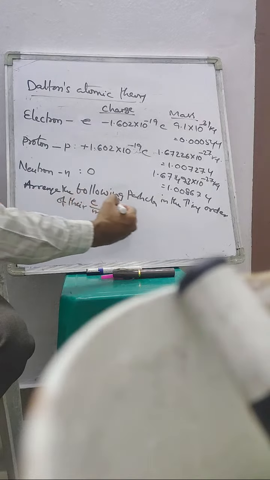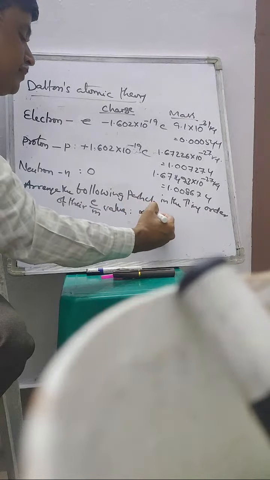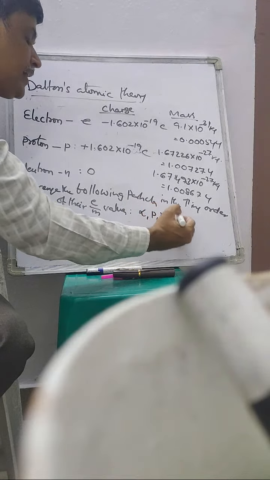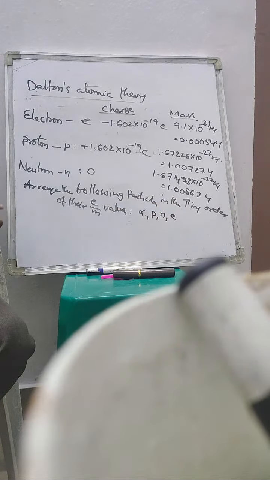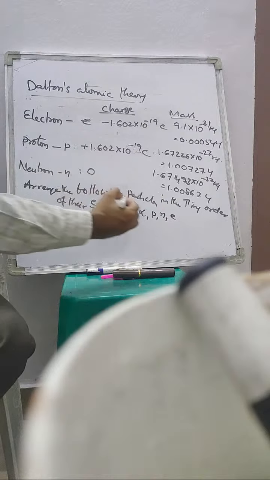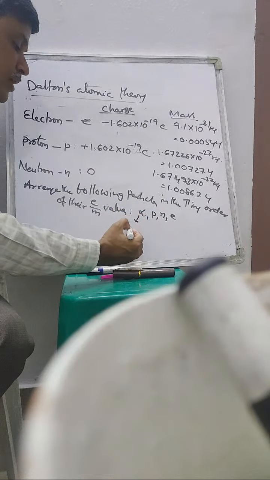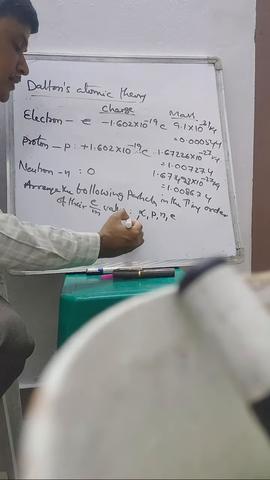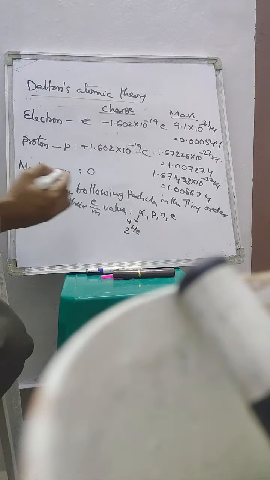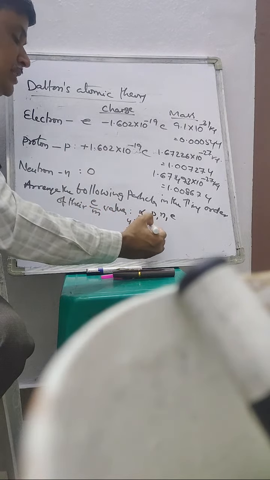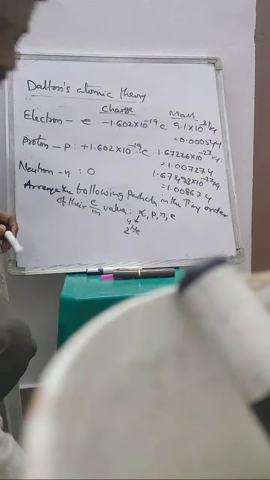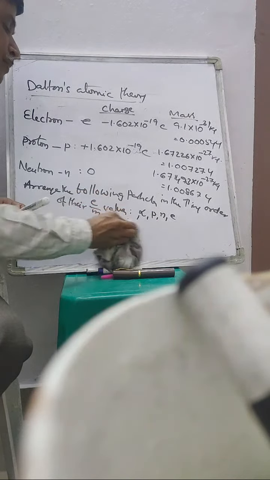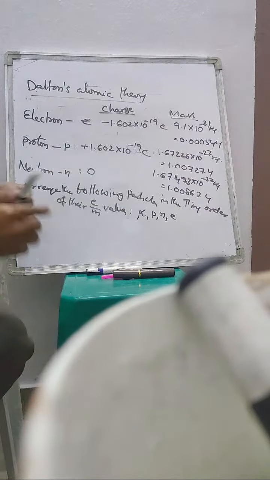For example, the particles given may be alpha particle, proton, neutron, and electron. We know that the alpha particle is the helium nucleus, represented as 2He4. It has a mass of 4. As the mass of the alpha particle is more, its e/m value is very, very less.